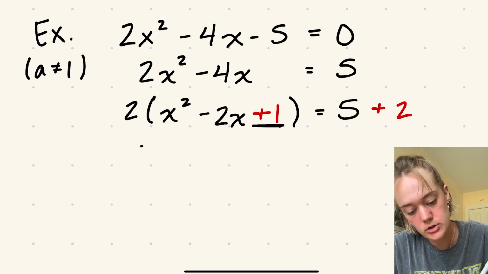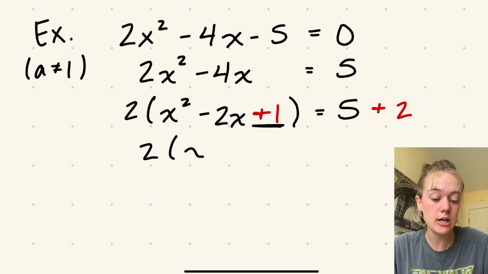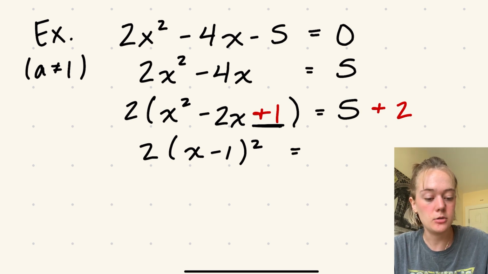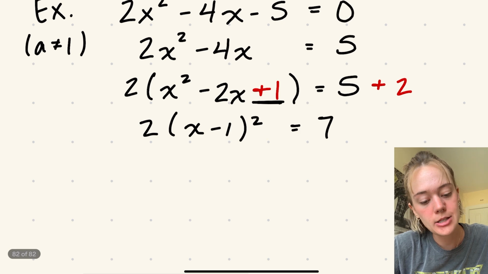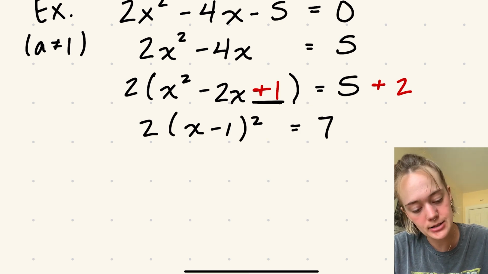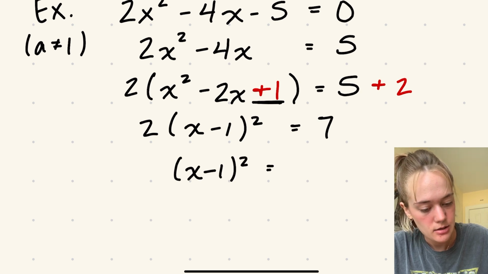Okay, now we're going to make it into our perfect square. So that's going to be my b divided by 2 beside my x. So x minus 1 squared. That's going to be equal to 5 plus 2, which we all know is 7. Okay, this becomes an algebraic problem that I can go through and easily solve. So getting the x by itself, I want to divide by 2 on both sides.